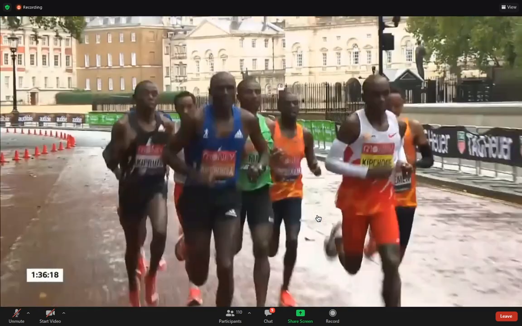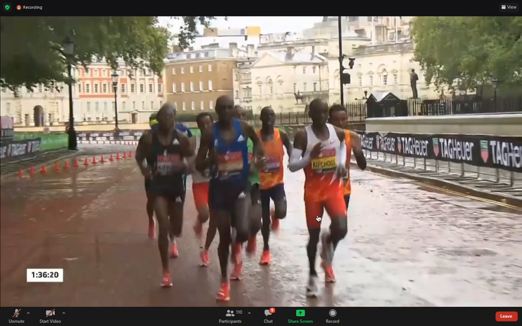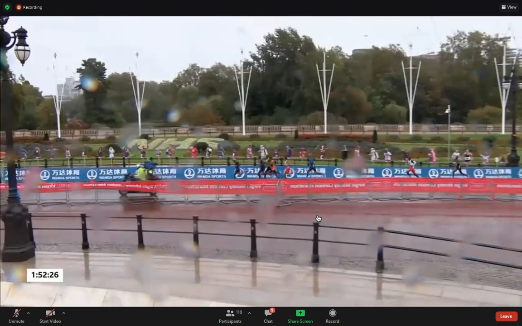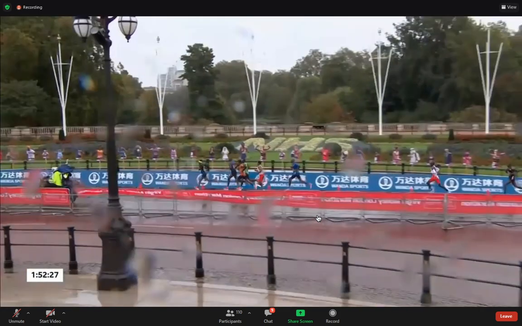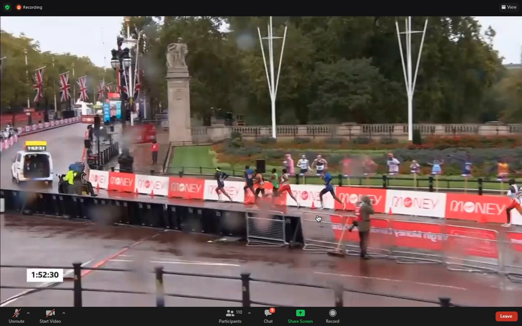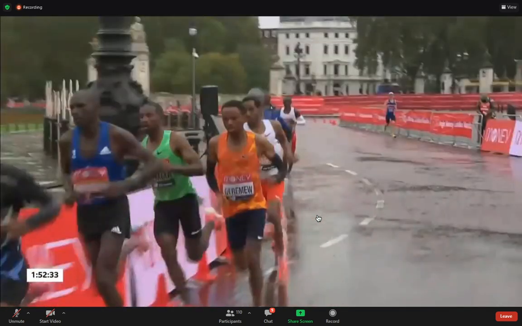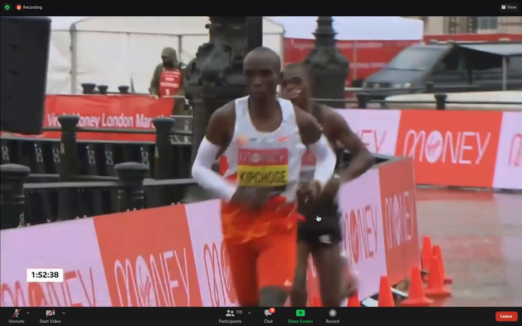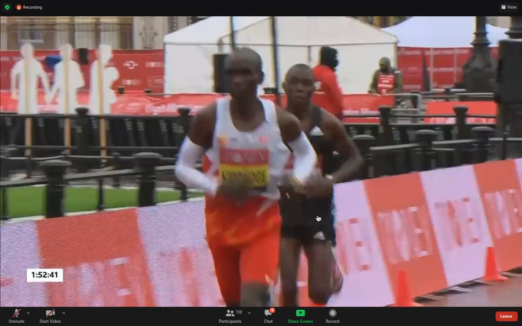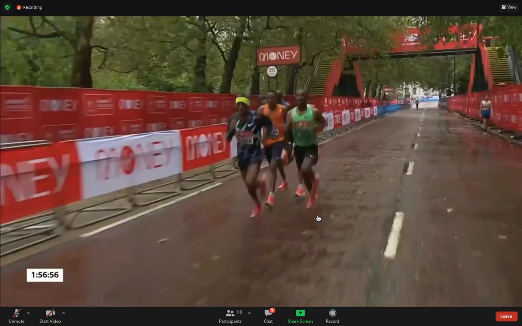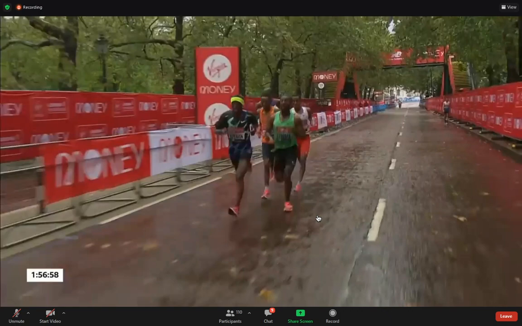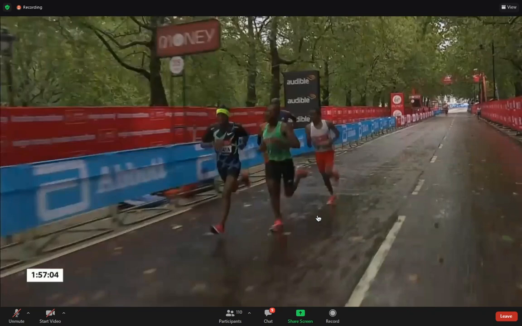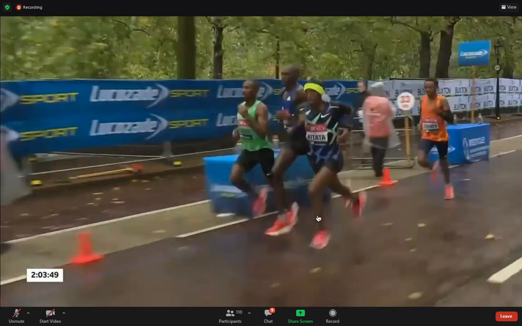It just wasn't his day today. As the miles went on, we never saw that spark in his step, and other people took over, swallowed him up, and he fell off. Today was a rare day where he just wasn't feeling himself, obviously, because as you can see, here is a gap. And as soon as these guys realized that Kipchoge was no longer there, they started pressing the pace. As soon as he was gone, the race got going. Those guys in front of him were probably motivated by the fact that they were creating space. And then it set itself up for an old-fashioned sprint to the finish.